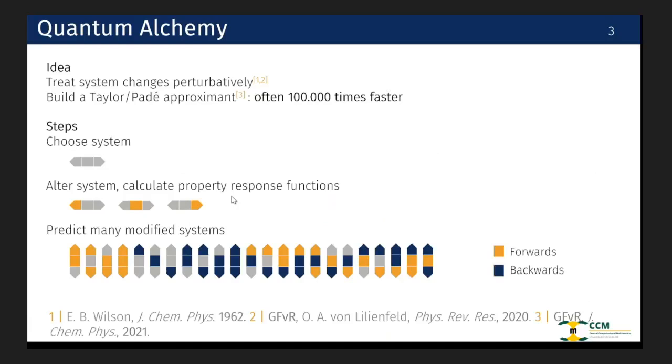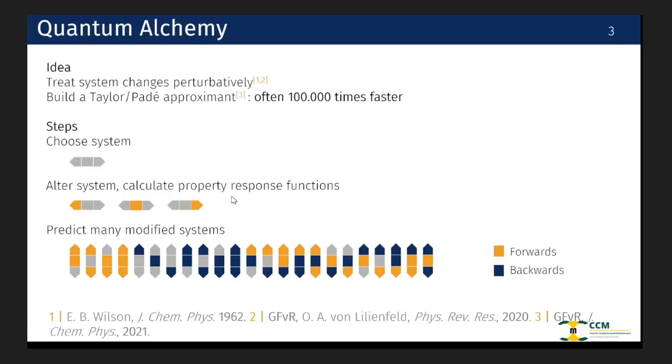Now you can make this a Taylor expansion, where the different modified systems, for example, the first modified system, two have been changed. So you take that change plus that change. And since this is a function and derivatives are the same as you go forward and backward, you can also just take the negative of the change and change the first thing in the other direction.